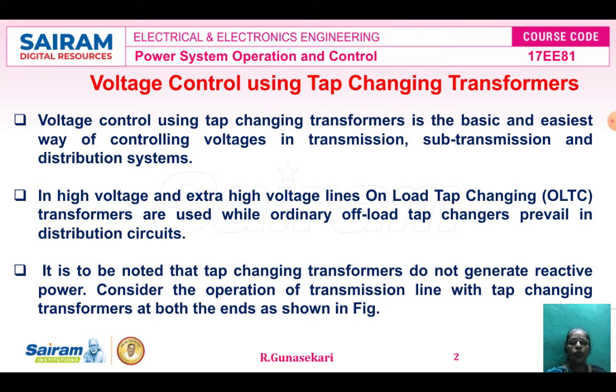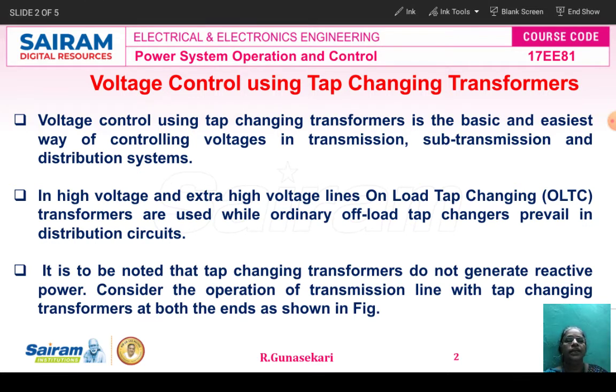In high voltage, that is HV, and extra high voltage, abbreviated EHV, lines, on-load tap changing, abbreviated OLTC, transformers are used, while the ordinary off-load tap changer prevails in the distribution circuit only.